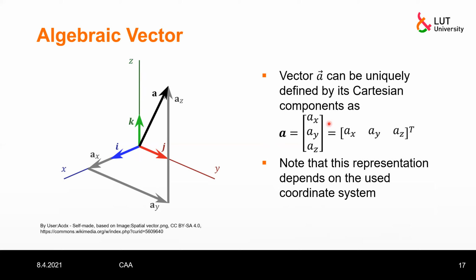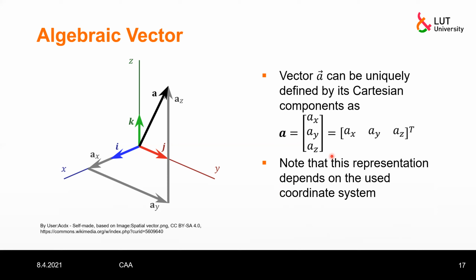If you put those coordinates in a column vector, then we have an algebraic representation of the vector. Note also that AX is equal to the scalar product of vector A times the unit vector I, and so on. So it can be uniquely defined like that, and now we can use it for our computations.